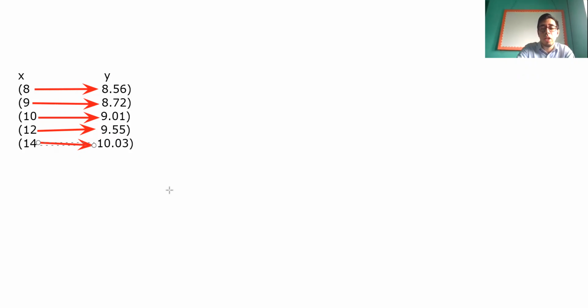Now, what is the matter here? For example, if I have, I'm going to erase this, the 10, when it is 10 pounds, it could cost $9.01. Or on a different day of the week, it could cost 9.55.